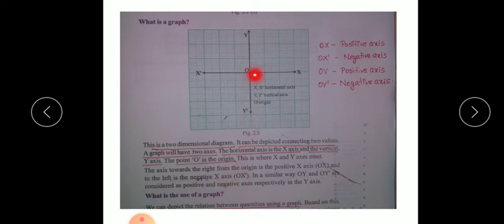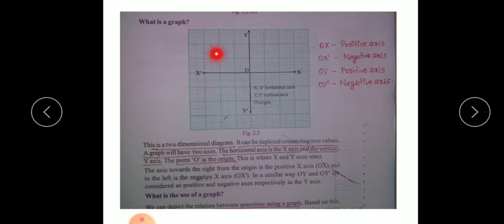So this axis, the OX axis, is positive, and this OX dash axis is negative, and this OY axis is positive and OY dash axis is negative.